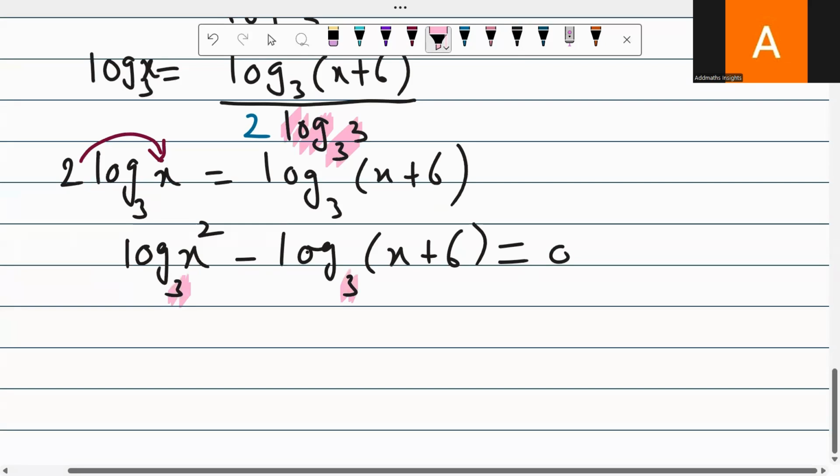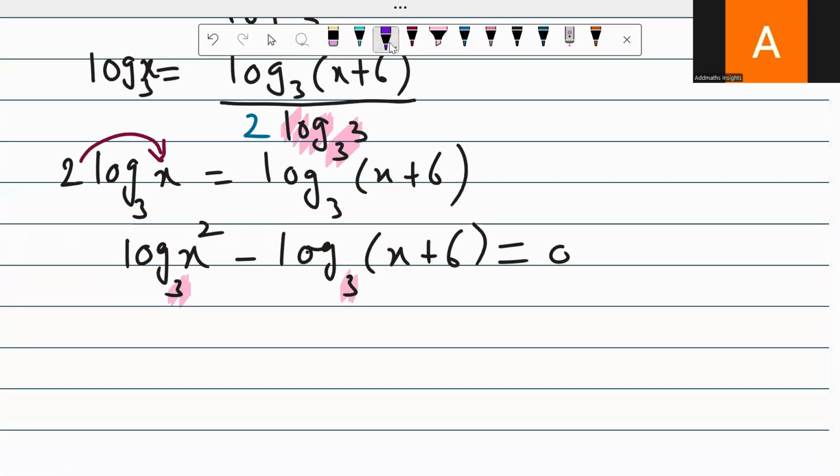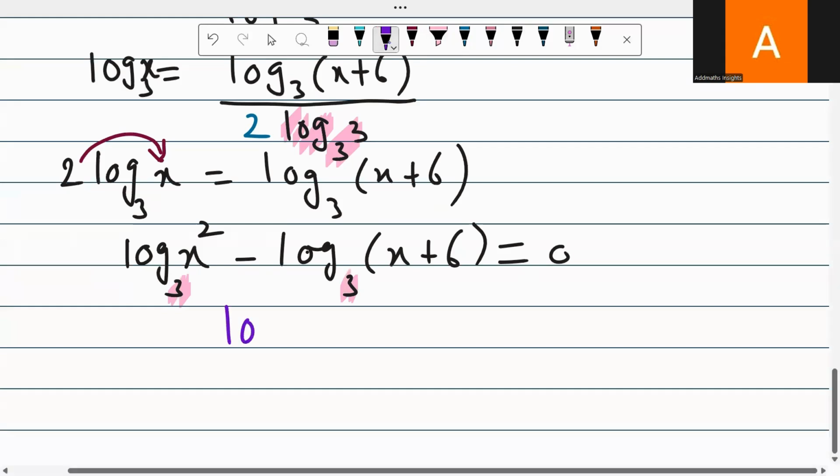And how can you write? You can write log 3 x squared over x plus 6 is 0.